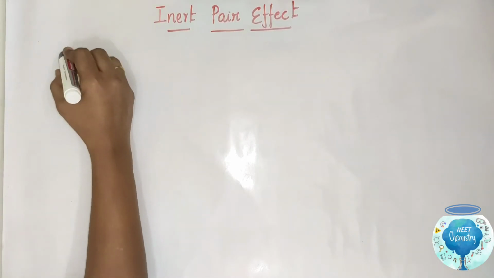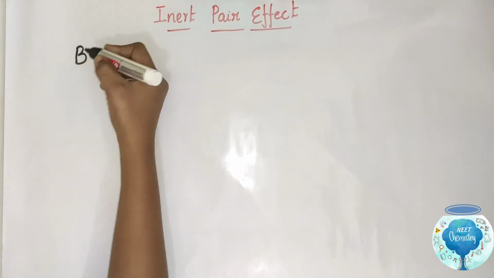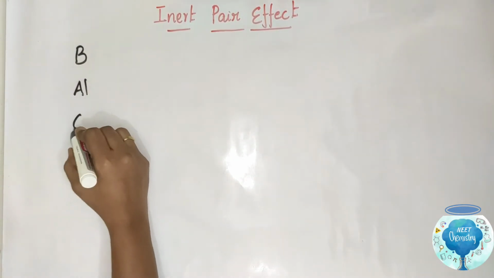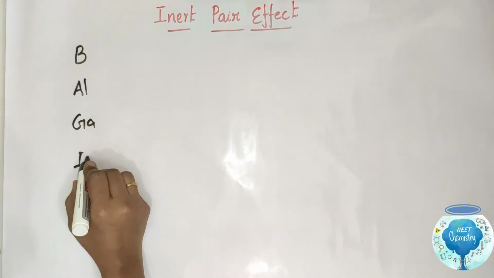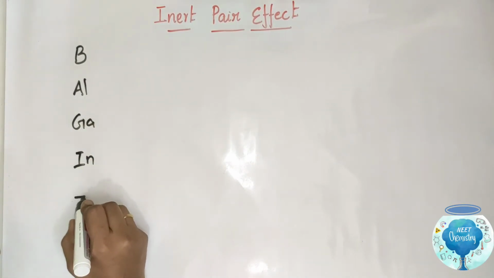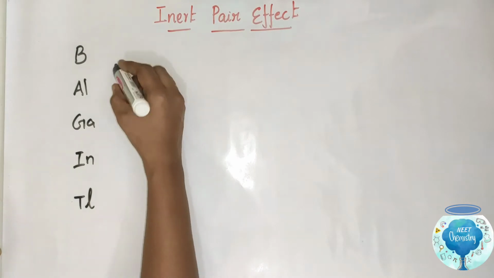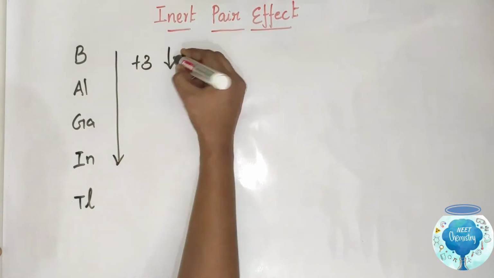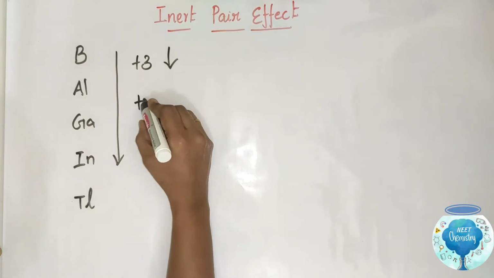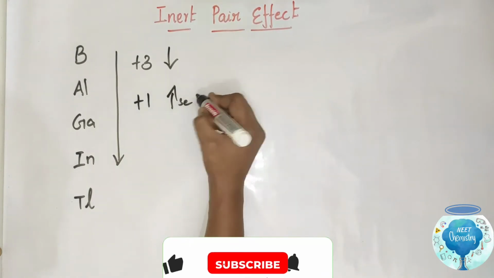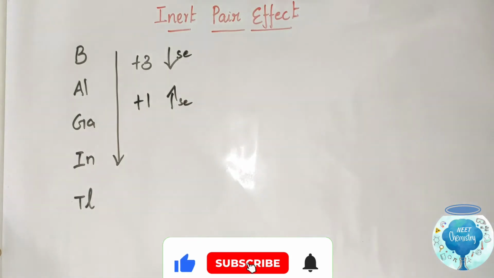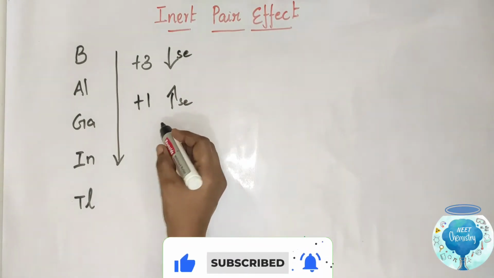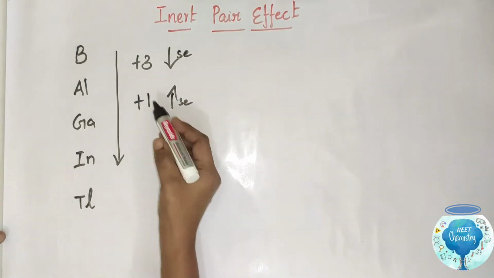In the boron family, from boron, aluminium, gallium, indium and thallium, down the group, the plus 3 oxidation state decreases and the plus 1 oxidation state increases.